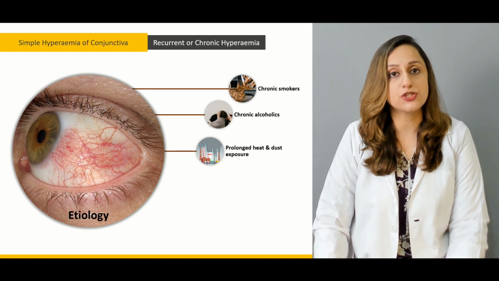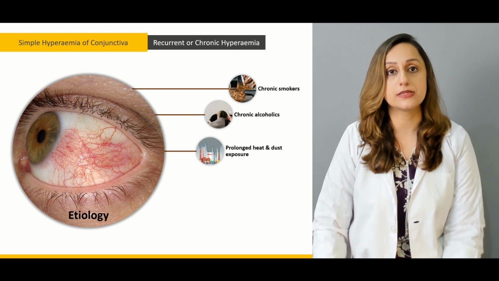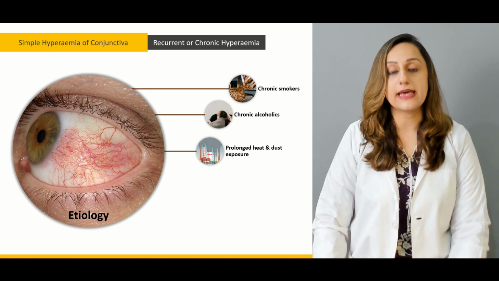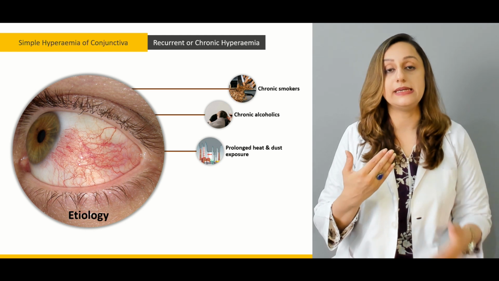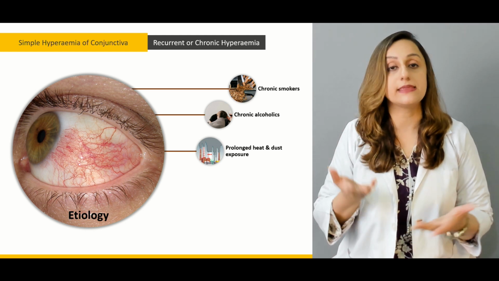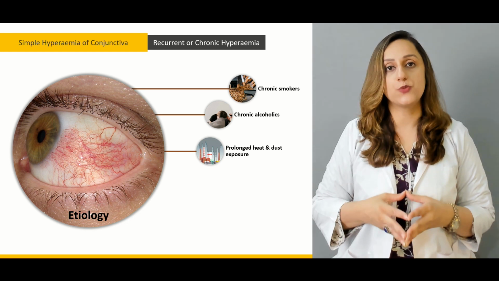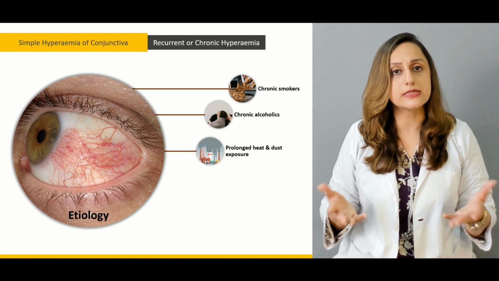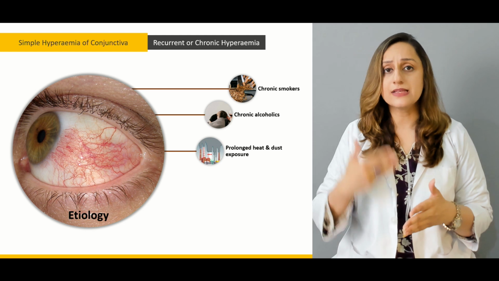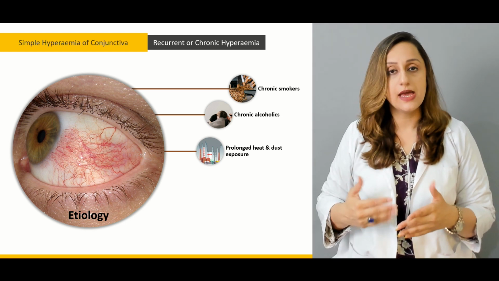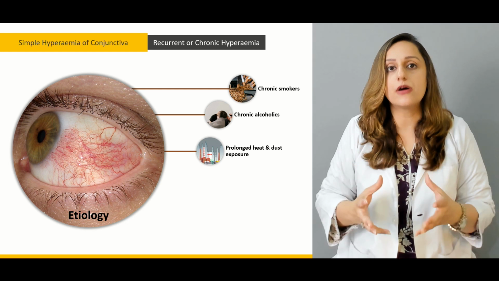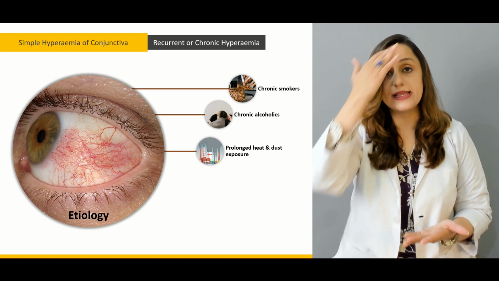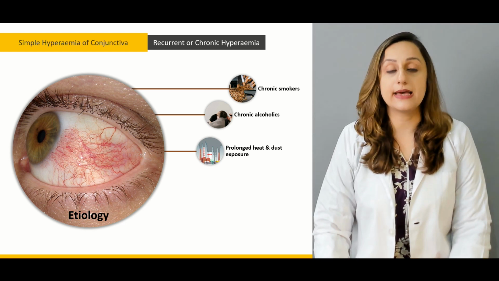For example, if the patient is suffering from hyperthyroidism, he's going to have proptosis of the eyeball, which means exophthalmos, the external protrusion of the eyeball, and that makes the conjunctiva exposed to dust particles and all of the irritants present in the environment. So it can be the person himself or herself, which makes him or her more prone to exposure to dust and ultraviolet rays, as well as the environmental conditions.